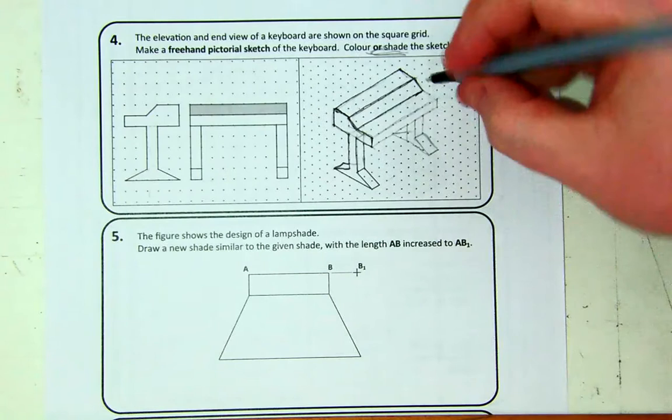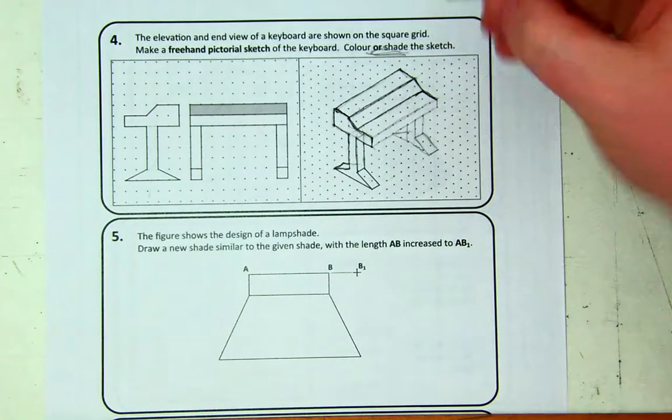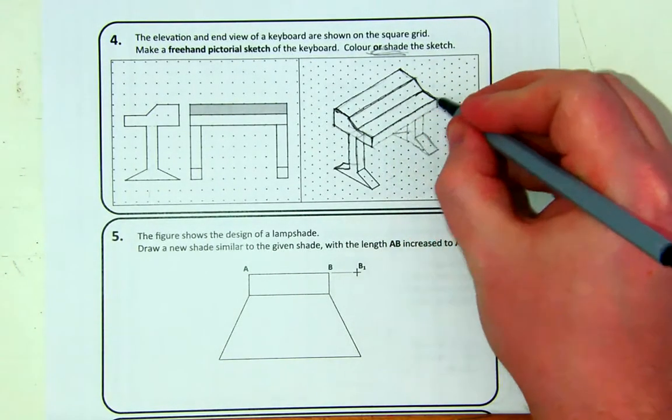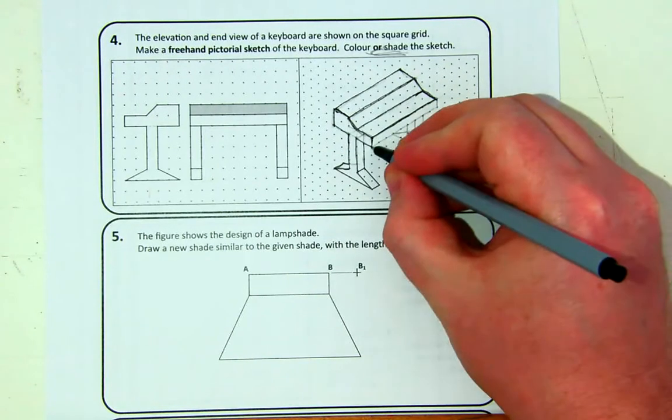So you're doing this with your H pencil. Remember, try to avoid them hairy lines, lads. Just one sweeping line if you can. If you do it a second time, do it a second time.